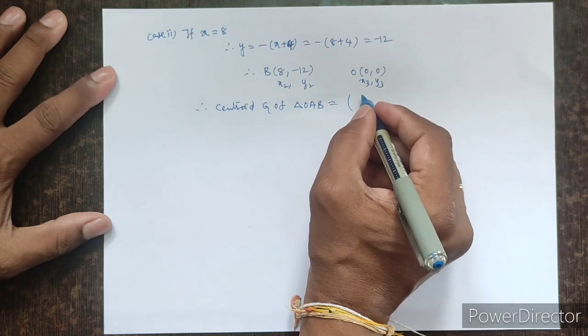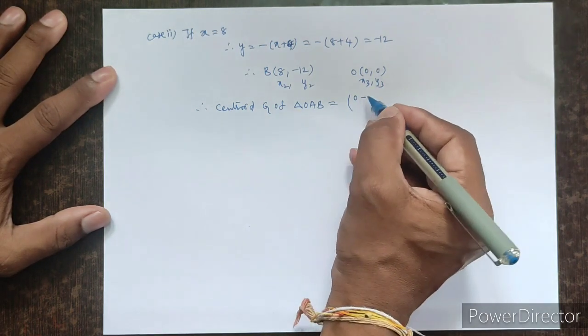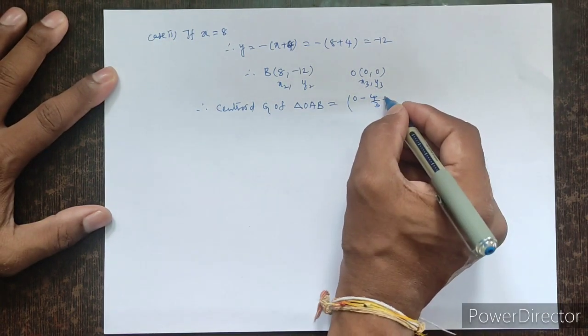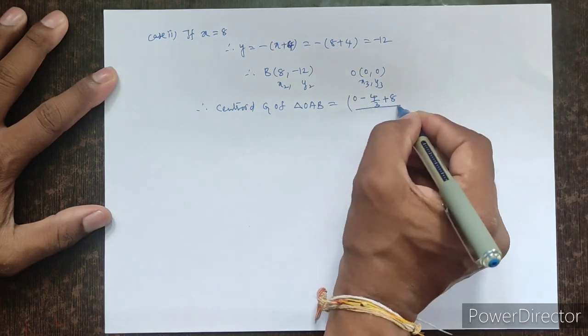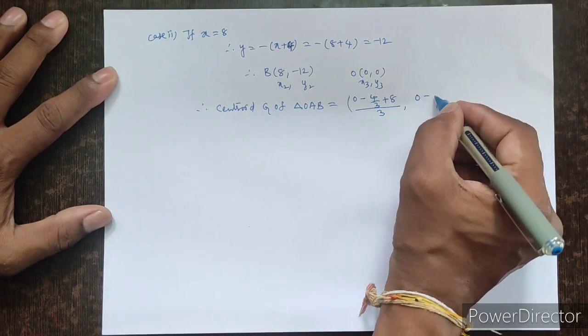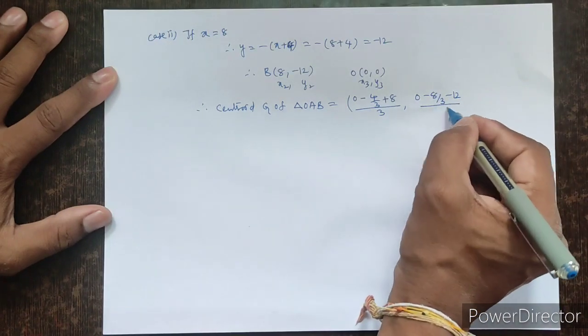Then this is (0 minus 4 by 3 plus 8 by 3), (0 minus 8 by 3 minus 12 by 3).